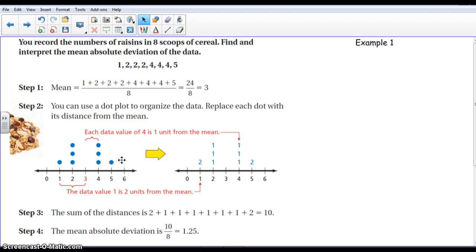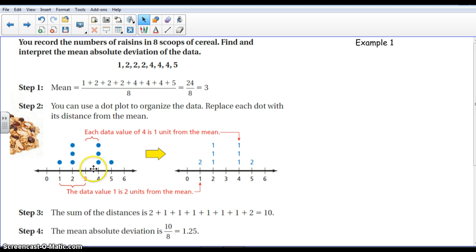But in the book, it now says take your data and plot it on a dot plot with 3 in the middle, and anywhere between 0 and 6 is what they did, because 0 would be 1 below the number up here, 6 would be 1 above. They put all the information there. 3 is your mean, and that's obvious because it's right in the middle.